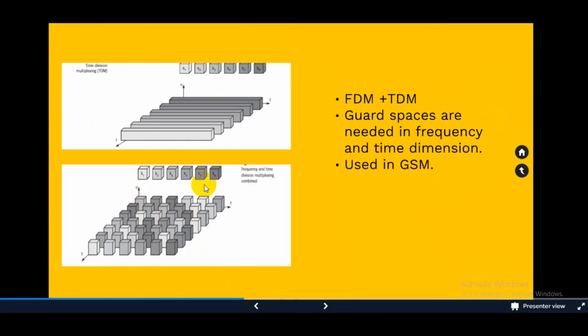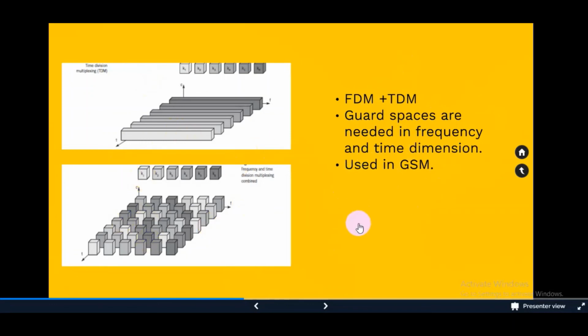As both techniques, FDM and TDM, are involved, guard spaces are needed in both dimensions, in order to avoid adjacent channel interference and co-channel interference. This particular technique is usually used in GSM.